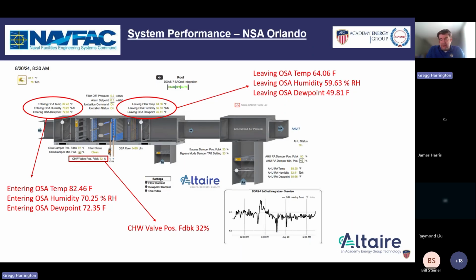Because again, what Bill was referring to, when you're treating just a small portion of the total airstream, you're able to do all your latent cooling, and the fringe benefit here of driving down to that dew point that we needed to make sure when it mixed with the building return air, it was already at the supply air set point that it needed to be. The fringe benefit is we're actually doing all the latent cooling that we need to do.